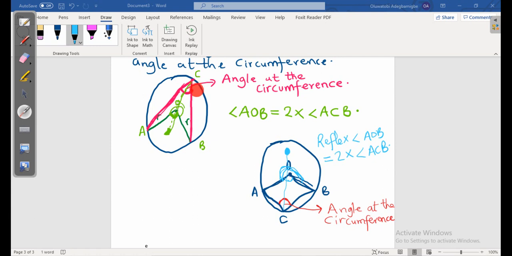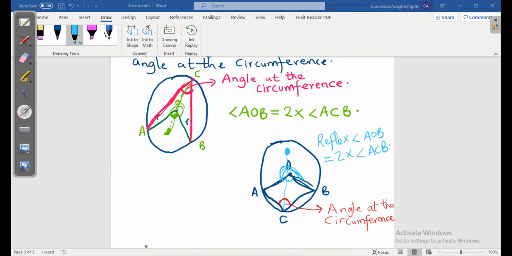Where the two chords meet is known as the angle at the circumference.